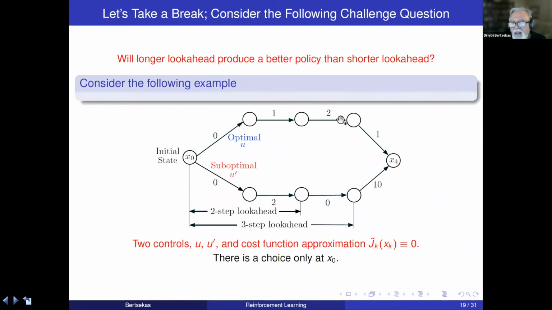And after that, you are forced to follow, without any choice, this path here. So you have to compare this path and this path. And you can see by looking at the numbers, particularly this 10 over here, that the top branch is better than the bottom branch.